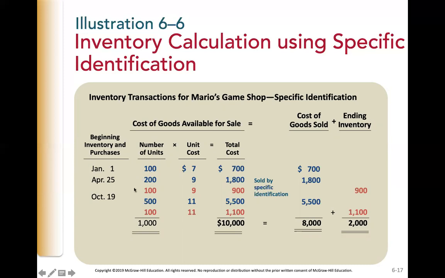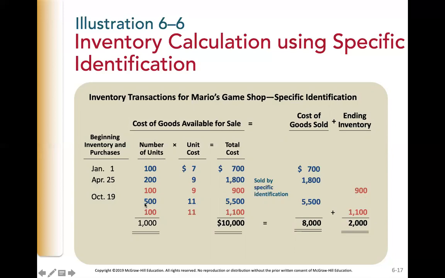Of the April 25th purchase of 300, we sold 200 and we have 100 in ending inventory. 200 at the $9 cost is $1,800, which is our cost of goods sold. The remaining 100, or $900 cost, is our ending inventory.